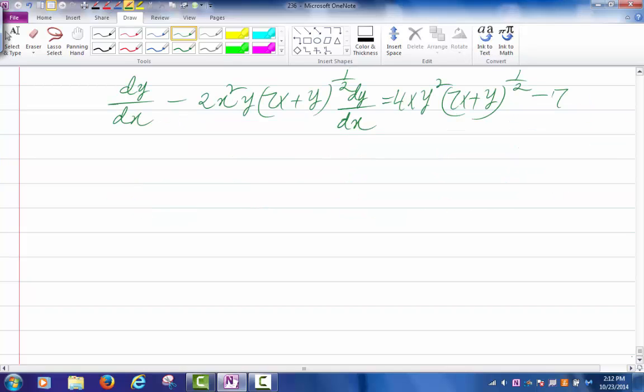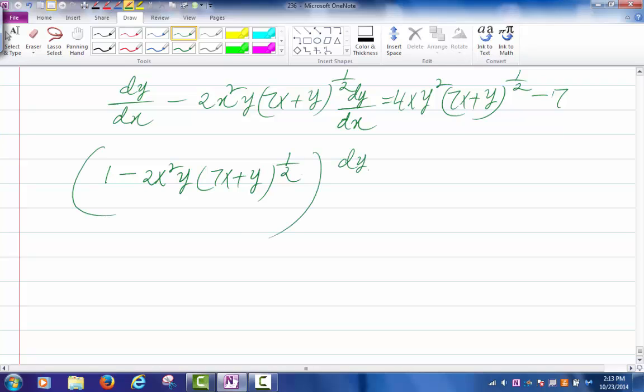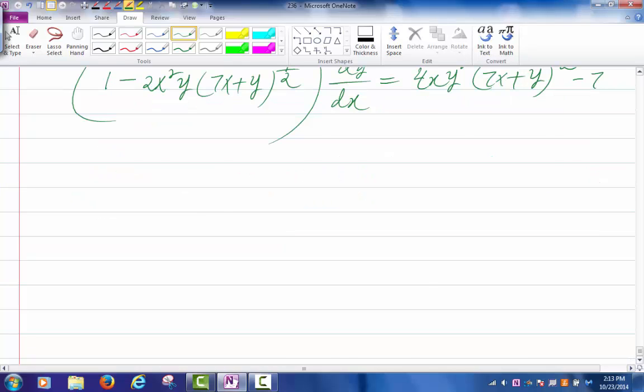And now I have to factor out dy/dx, so I get 1 minus 2x squared y times 7x plus y to the half, times dy/dx is 4x y squared times 7x plus y to the half minus a 7. And what's the final line?